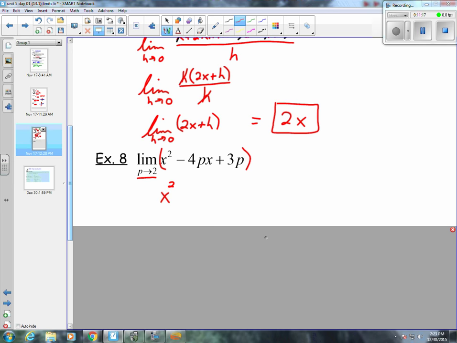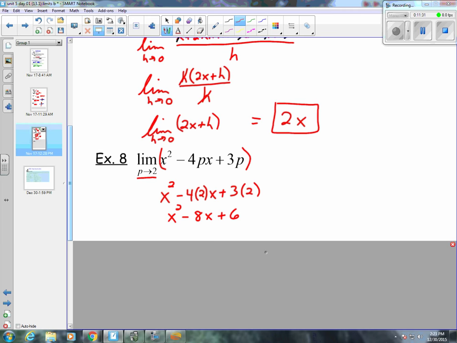We're going to plug a 2 in for the p here and also here. So this winds up giving us x squared minus 8x plus 6. So be very careful and pay attention to what variable we're using in our limits and also what we're approaching.